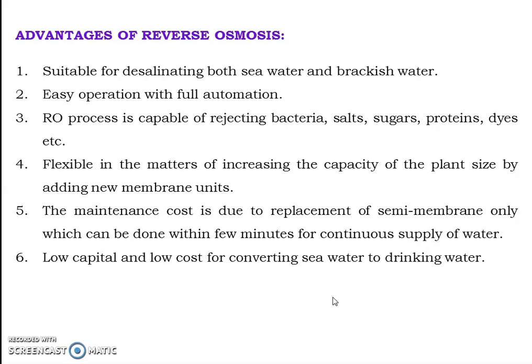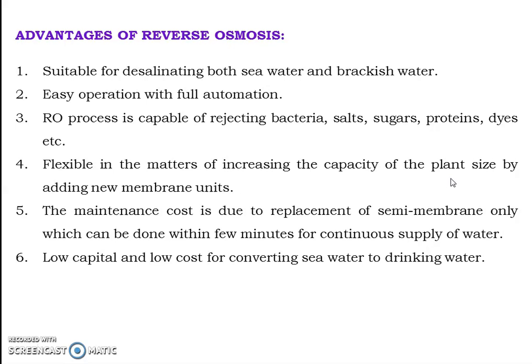Its operation is easy with full automation, and this RO process is capable of rejecting bacteria, salts, sugars, proteins and dyes, etc. It is flexible in increasing the capacity of the plant size by just adding new membrane units.